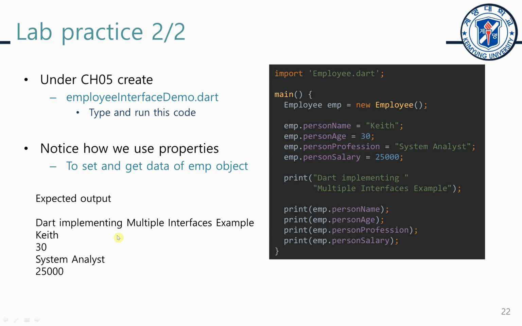If I say person name is 30, age is like this, and his profession is system analyst and his salary is $25,000, then you should be able to print this by invoking imp.personName, imp.personAge, imp.profession, and imp.salary.